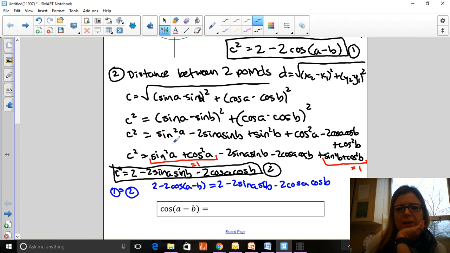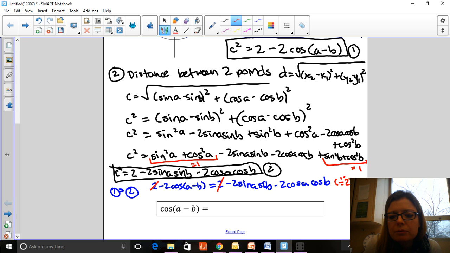Okay, so a couple of things here. This 2 and this 2 cross each other off because we have a 2 on this side and a 2 on this side, so they're completely gone. Now what else we can do is divide everything by 2, because everything has a 2 in front of it. Actually, let's divide everything by negative 2.